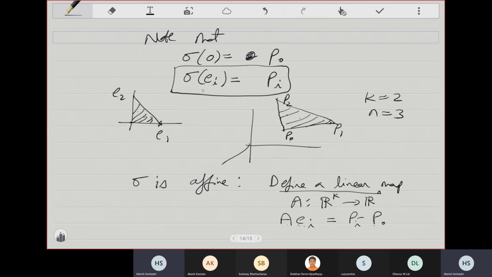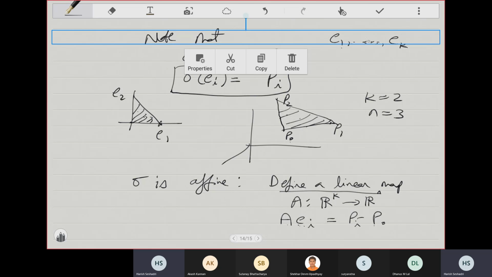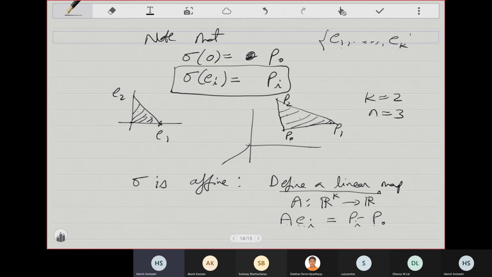The orientation comes from the fact that it's important that this E1, E2, up to Ek is taken as the standard. We haven't said what orientation actually means, but let's say this specific order of the standard basis is in some sense the right order.